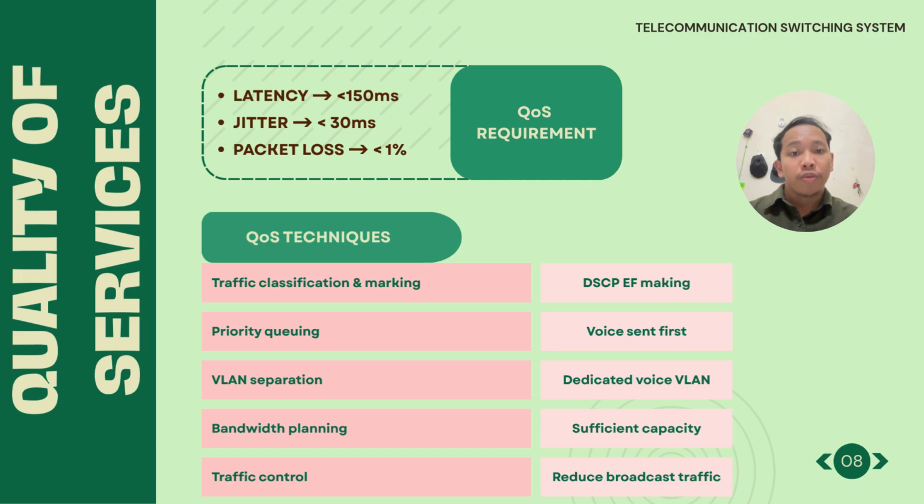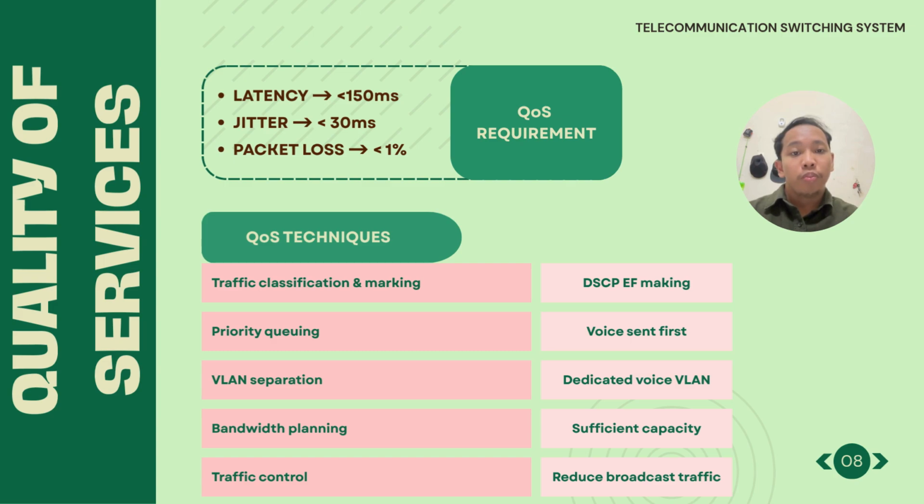First, traffic classification and marking using DSCP EF identifies voice packets and gives them higher priority. Second, priority queuing ensures that voice traffic is transmitted before normal data traffic, reducing delay during network congestion. Third, VLAN separation places voice devices in a dedicated voice VLAN, improving both security and performance.